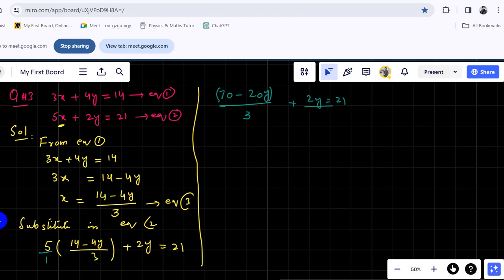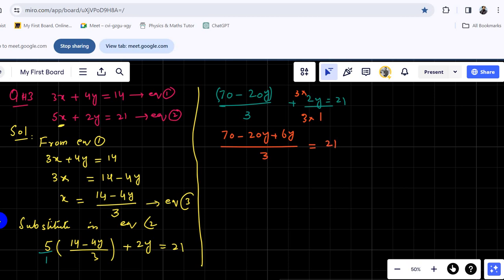2y over 1. So it will be 70 minus 20y plus 6y upon 3 equals 21.